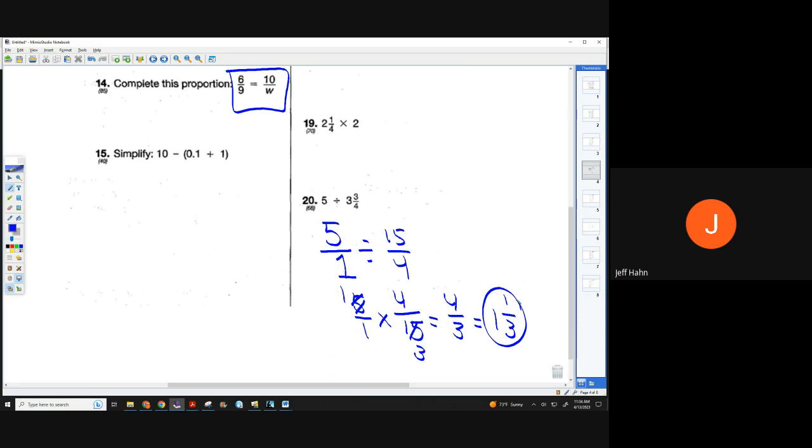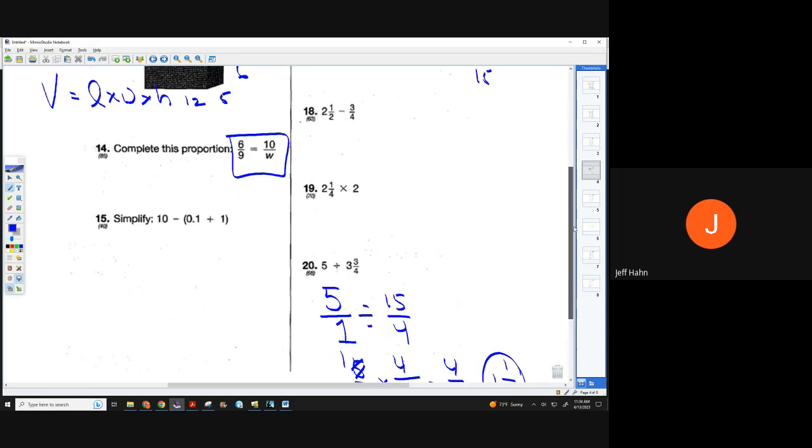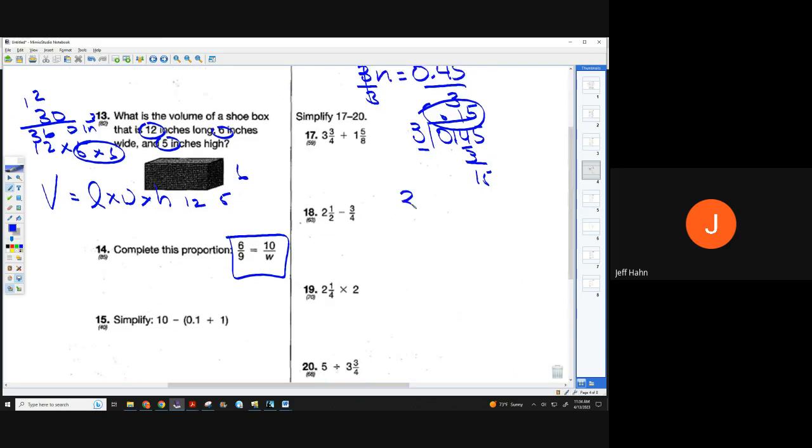Can you do number 17? Did you write them up and down? Made common denominators? And what is 3/4 with an 8 on the bottom? 4 times 2, 3 times 2, you get 6 8ths. And added it to 5 8ths?